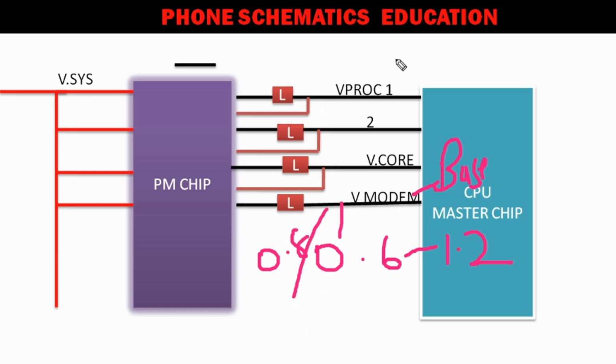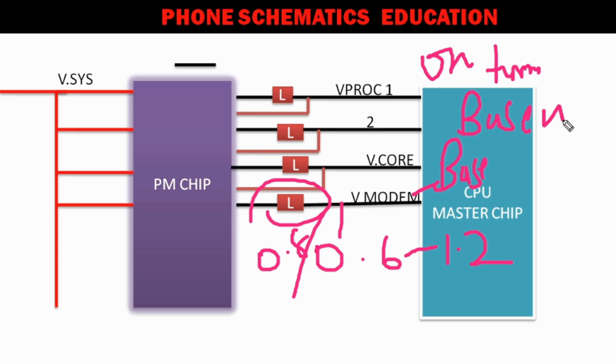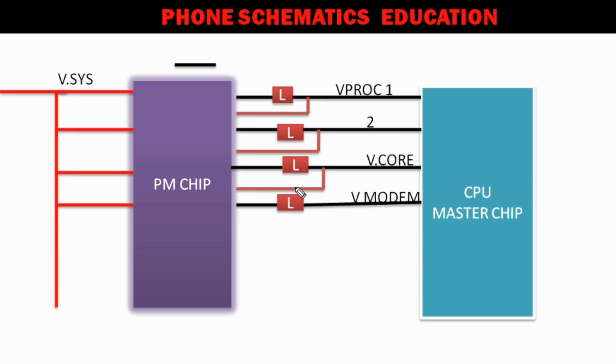If this line is open, suppose this coil is open and you do not get any voltage here, your phone turns on, but there is a baseband related issue, meaning a network related issue, no service, no network. I hope you understood this theory.